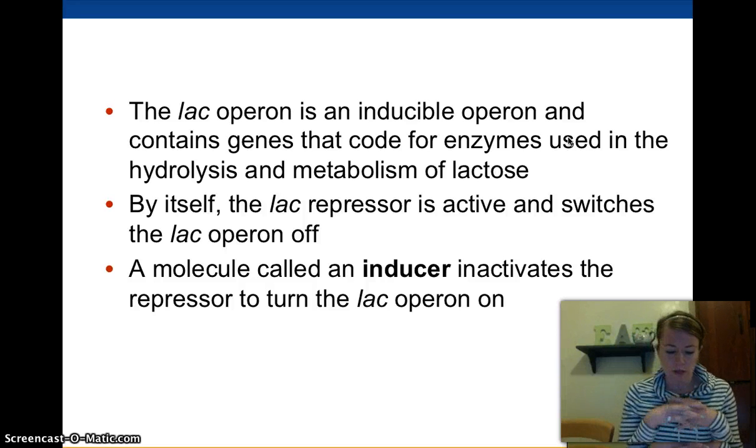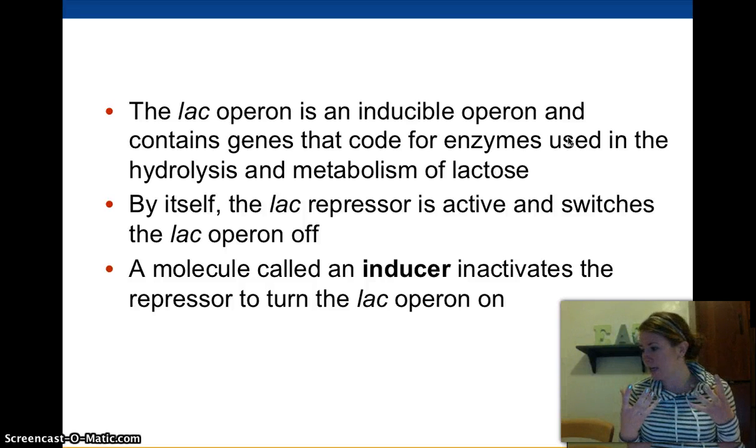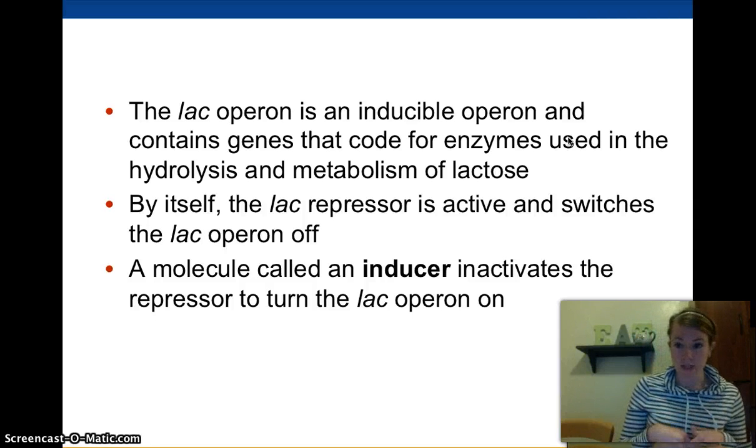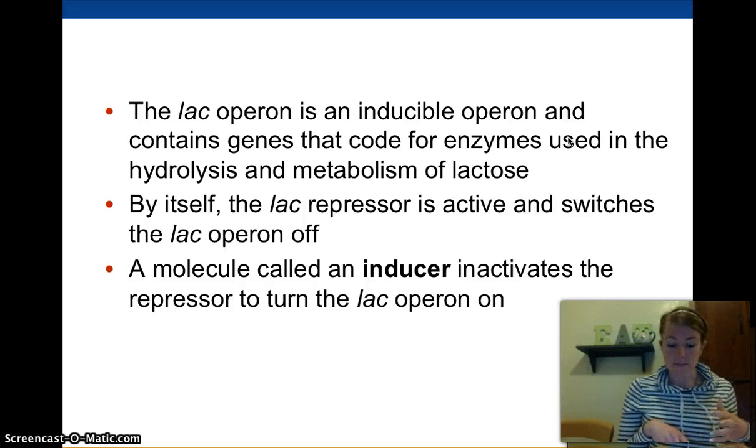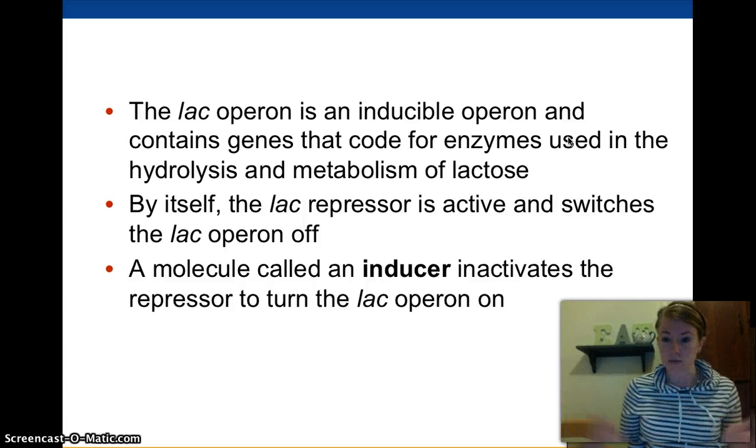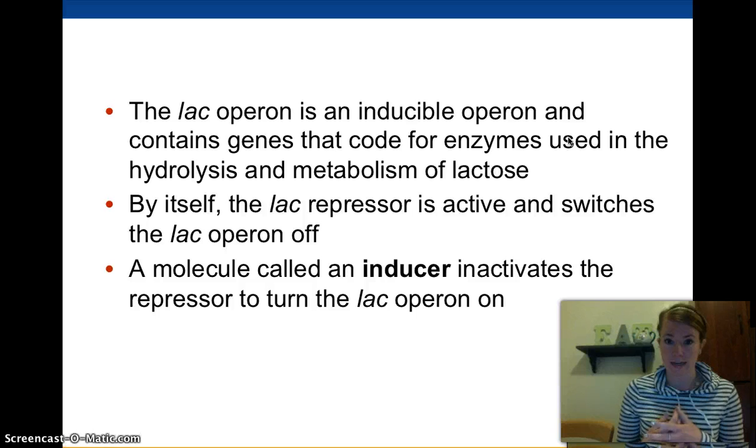And so when the bacteria encounters lactose, meaning you drank some milk, now there's lactose in your stomach or in your intestines, it needs to break down lactose into glucose and galactose. And so what it does is it makes this enzyme called beta-galactosidase.